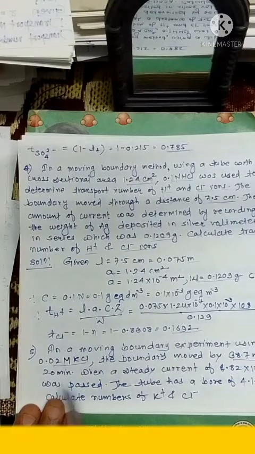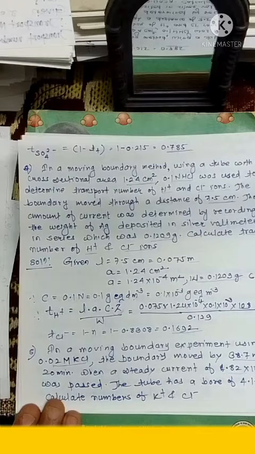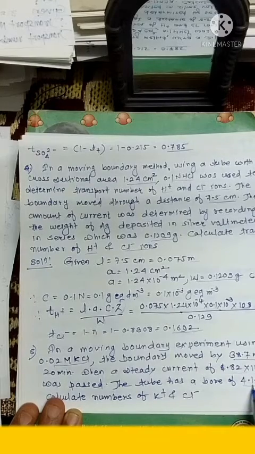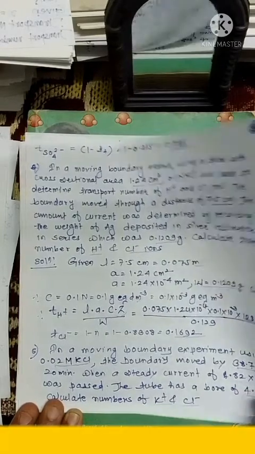So time is also given, length of boundary is also given. When a steady current I of 1.82 × 10^-3 ampere was passed, the tube has a bore of 4.146 millimeter. Calculate the transport number of K+ and Cl-.